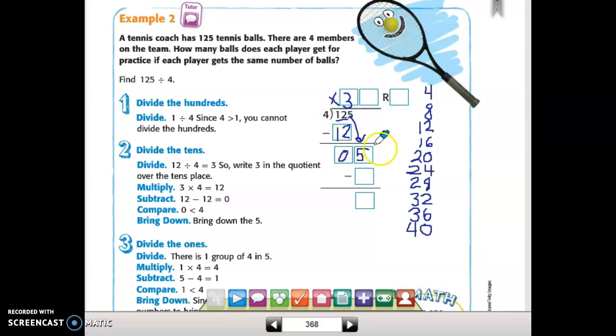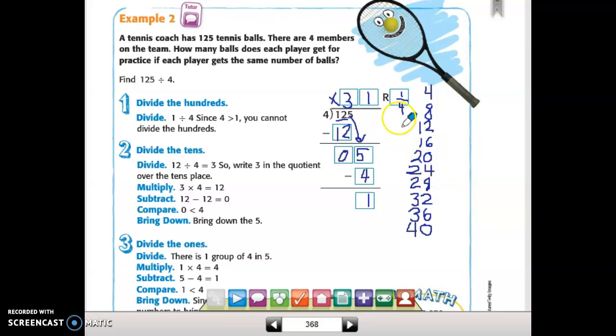How many times does 4 go into 5 ones without going over? Only once, because 8 is too big. So 1. 1 times 4 is 4. 5 minus 4 is 1. So that leaves 1/4 of the total.